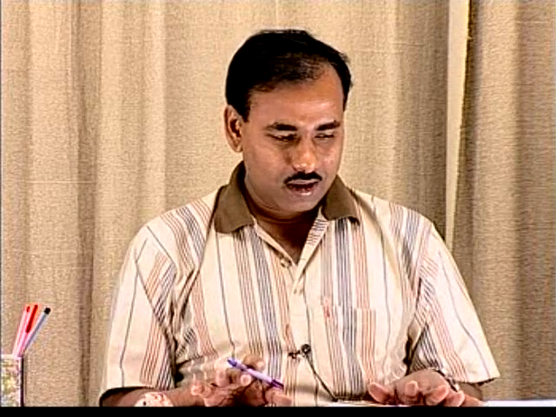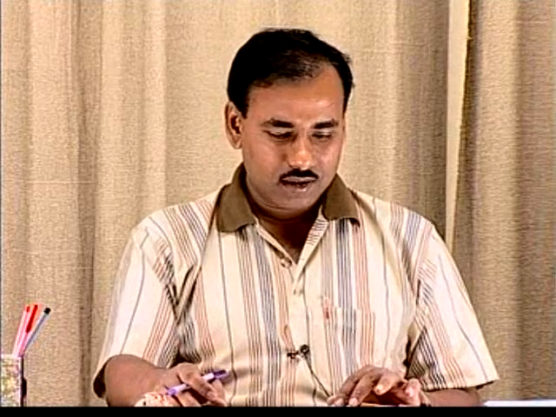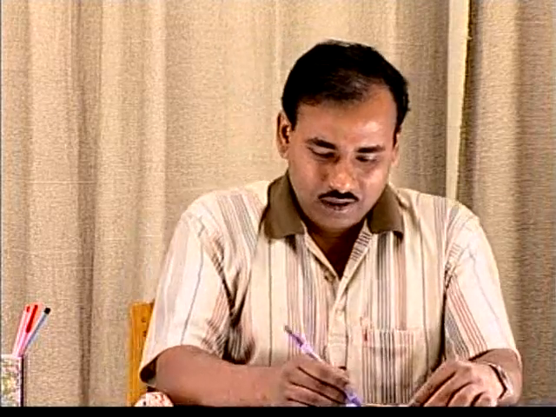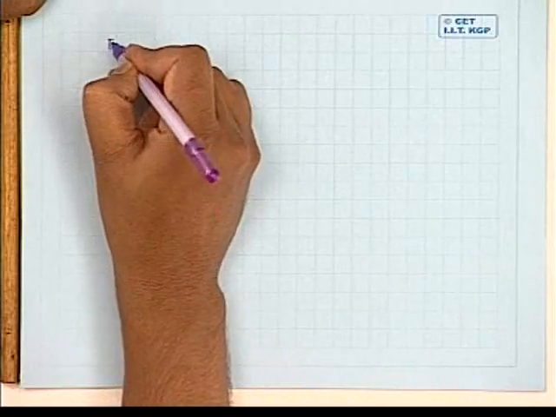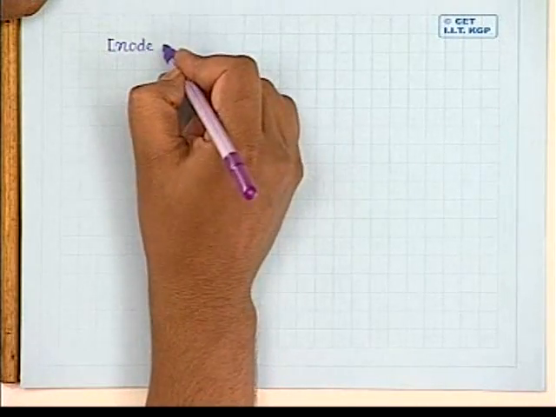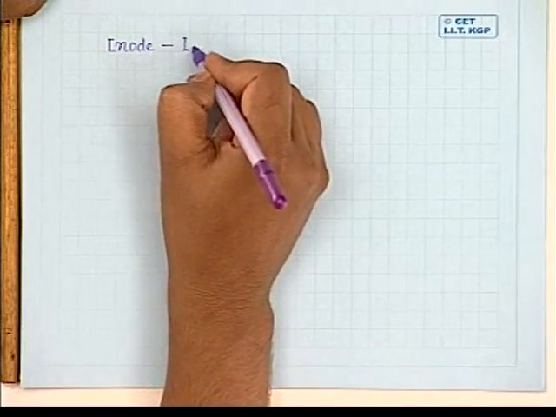Now I'll take examples from the Unix operating system. In case of Unix, the information of the file map table is stored in a data structure called an inode or index node.